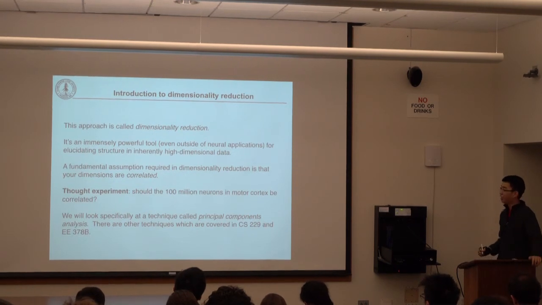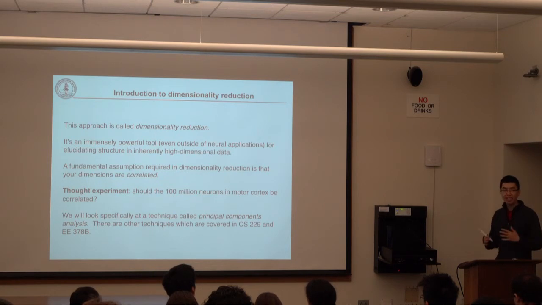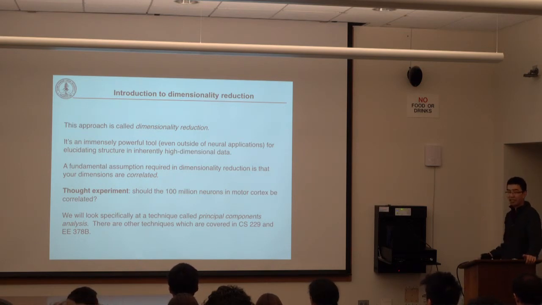All right, so this is an approach inherently called dimensionality reduction. It's an immensely powerful tool, even outside of neural applications. In applications where you have many sensors and very high dimensional data, these techniques can elucidate structure in data that is inherently high dimensional. A fundamental assumption required in dimensionality reduction is that your dimensions are correlated.